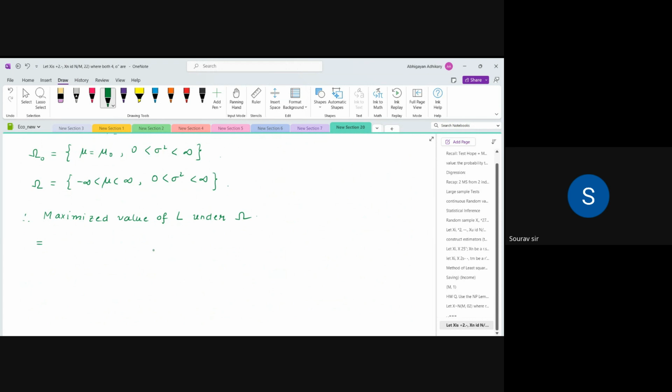It will be basically the value of the likelihood function when you replace mu hat MLE and sigma square hat MLE. Do all of you agree to this? Yes? Is it making sense?